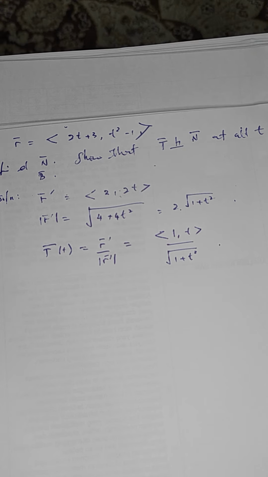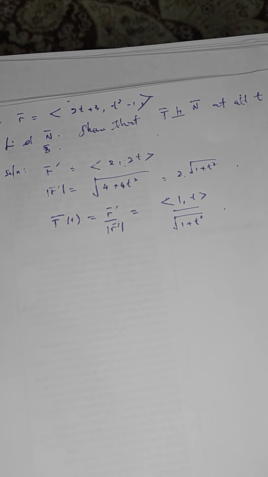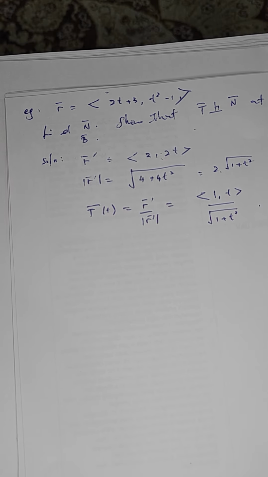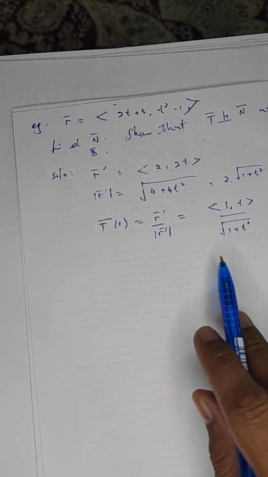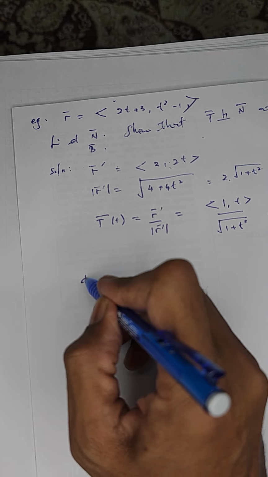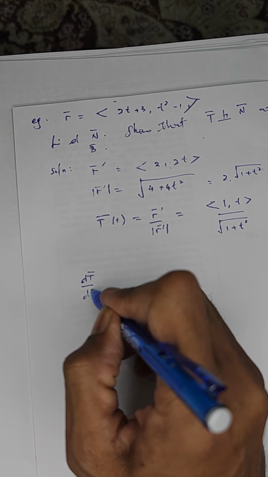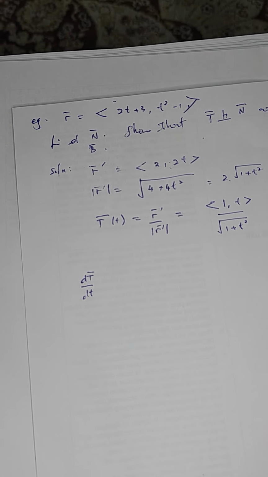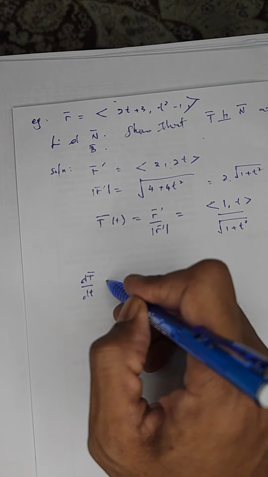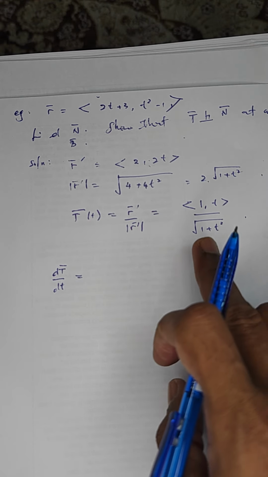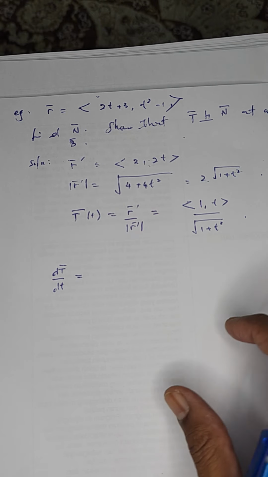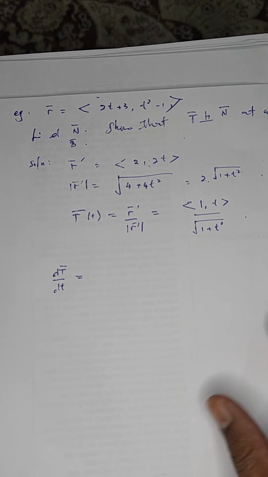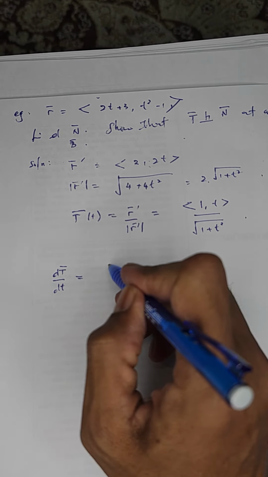In order to find N and B, of course you need to differentiate that, dT/dt. That's not very difficult, so I just give you the result.